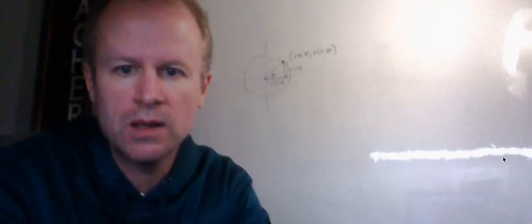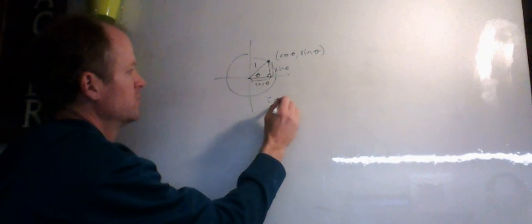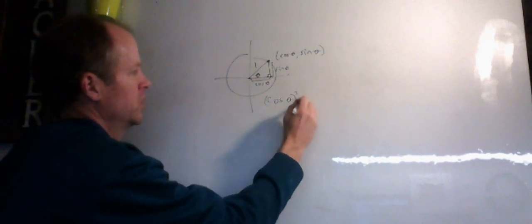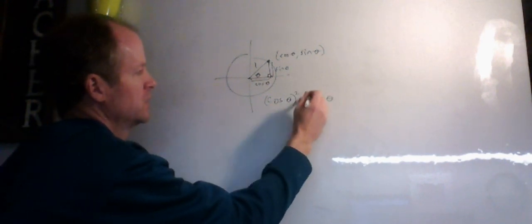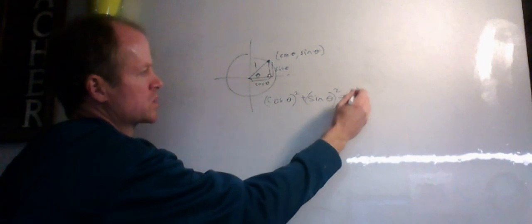And we also know, because this is a unit circle, that the radius of this circle is 1. So for a right triangle, the Pythagorean theorem says that cosine of theta squared plus sine of theta squared has to equal 1 squared.